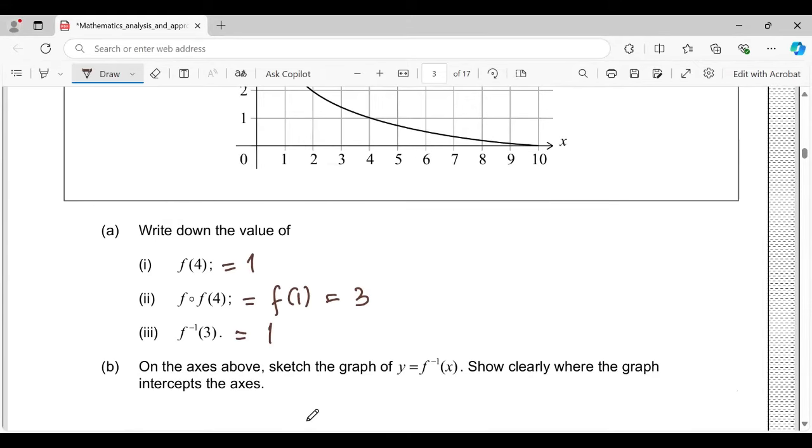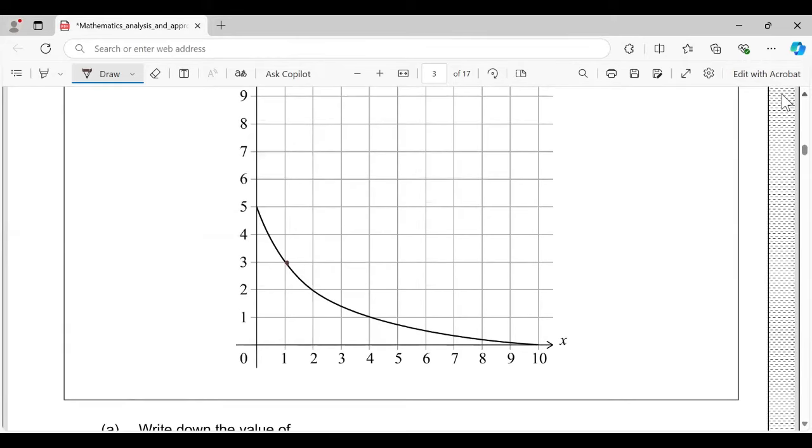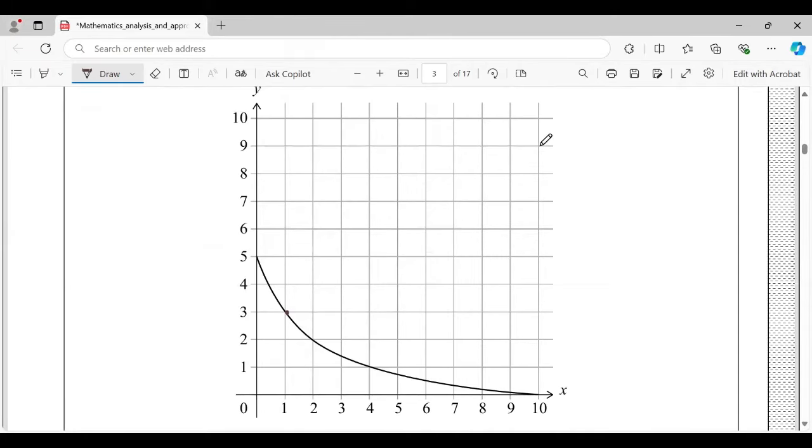Next. On the axes above, sketch the graph of y equals f inverse of x. Show clearly where the graph intercepts the x-axis. So the graph intercept: if this is (10, 0), the inverse of (10, 0) is here, (0, 10).